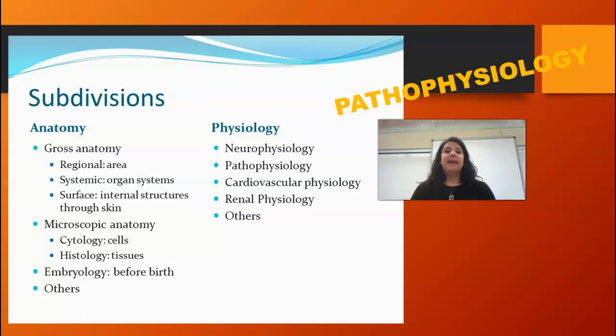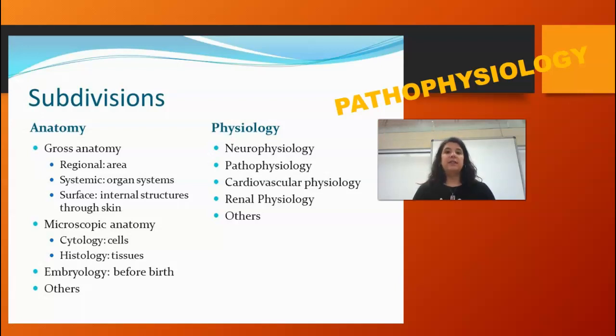We can do it by system, so the cardiovascular system or the structures involved in the digestive system. We can do surface anatomy, so those internal structures that are right at the skin or superficial level.